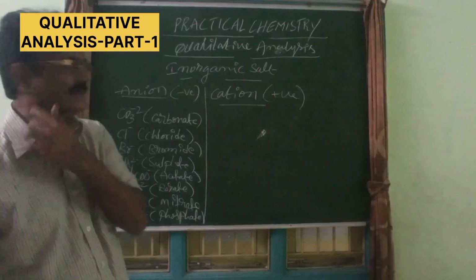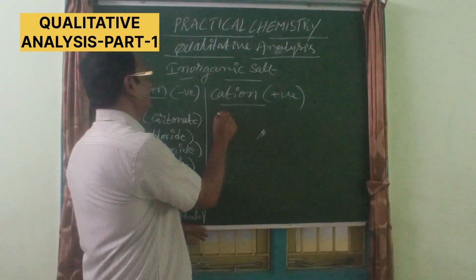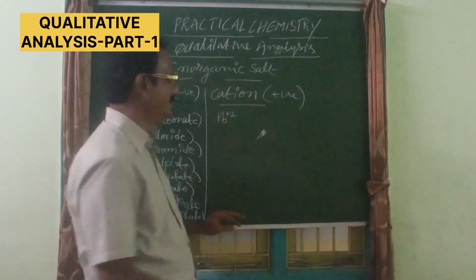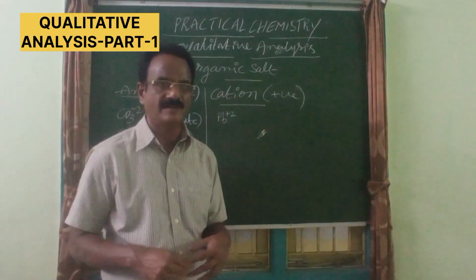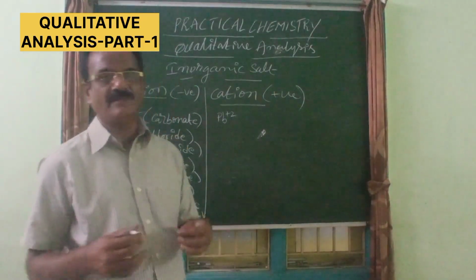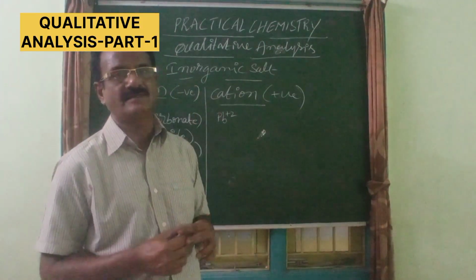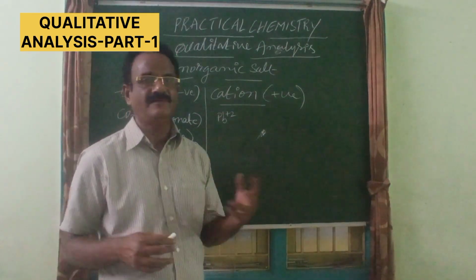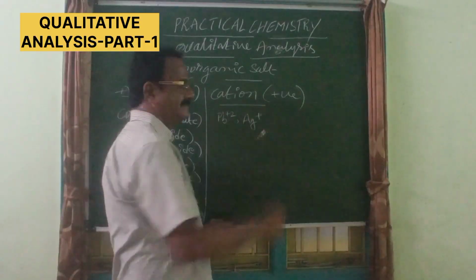Now let us see about the cations. The first cation is Pb plus 2. Usually along with lead there would be silver also in the procedure, but in practical it is not possible to give it to the student because silver salts are too costly. So usually lead will appear, Pb plus 2, Ag plus.